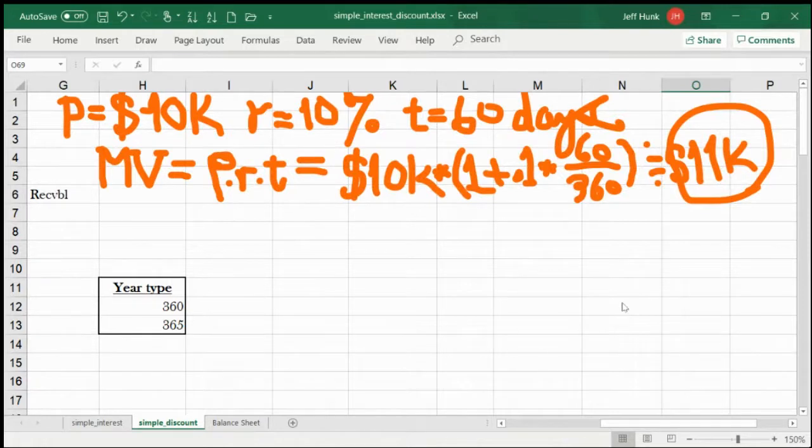Think about it. The note has a maturity of 60 days. Technically, they can sell it to the bank already on day one, right? Now, if they sell it on day one, will the bank give them 11K? Suppose the bank gave 11K to this company. The bank is going to hold it until maturity and present it to the issuer, and they will collect 11K, right?